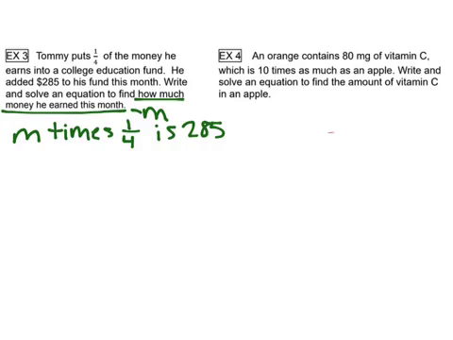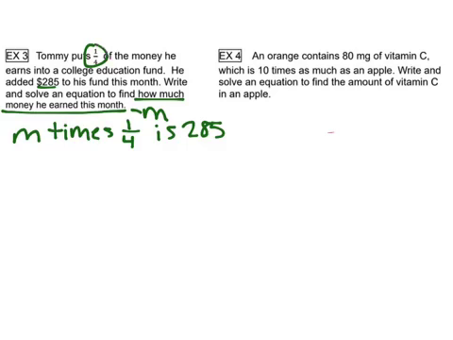That way we're going to be able to figure out what M originally was, or how much money he earned this month was, just by knowing that he puts 1/4 into the education fund and that he added $285 to his fund. So these are other important pieces of information.